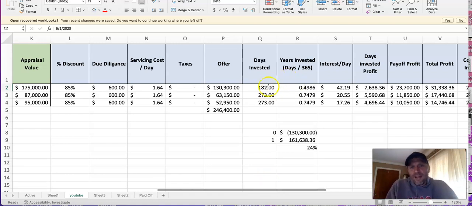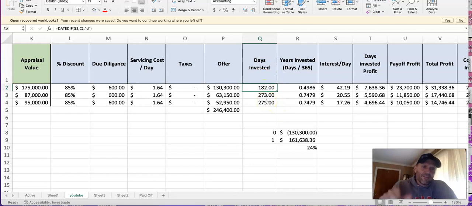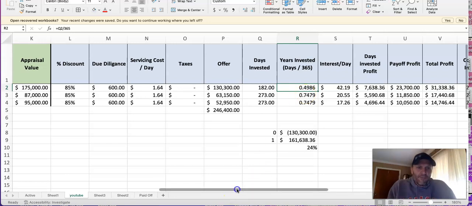So what I did was I took the days invested, 182. That's that date difference. That's how I came up with 182 days, and then I divide that by 365 days, because what I'm looking at is I need this fraction part when I calculate the annual return. And I'll show you that here in a little bit.